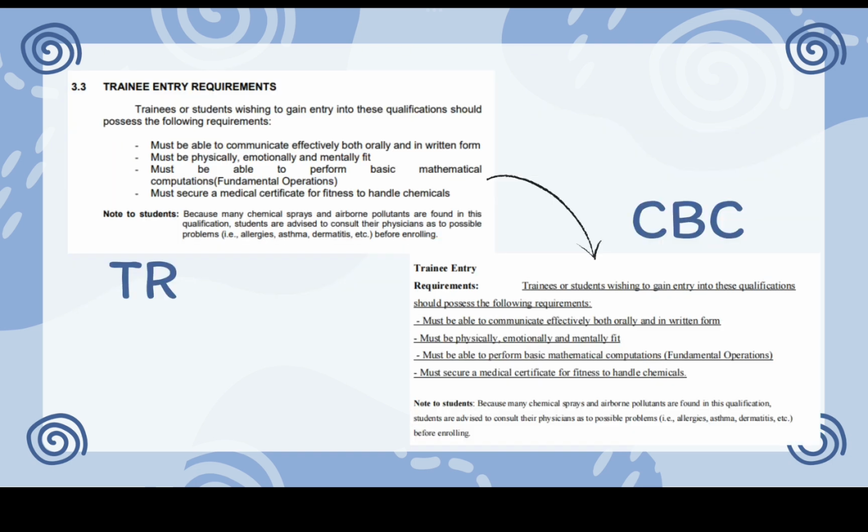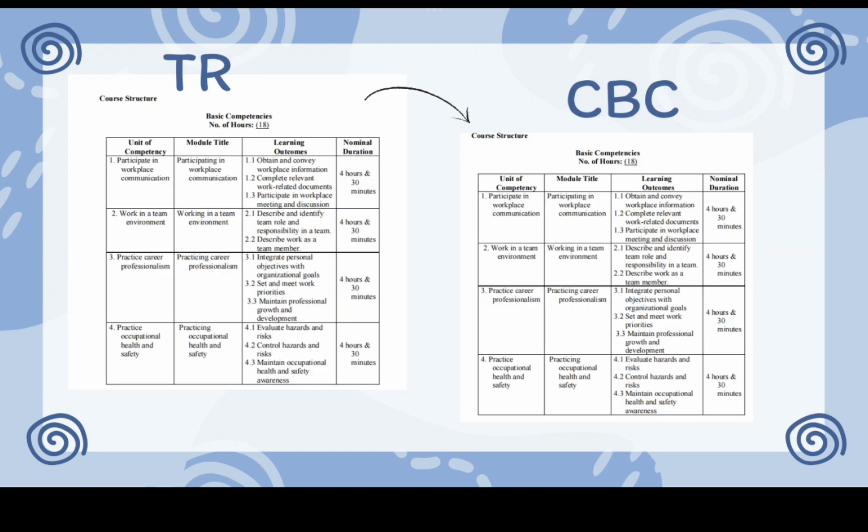Before entering the hairdressing NC2 qualification, trainees must meet several entry requirements. First, they must be able to communicate effectively both orally and in written form, since communication is very important when dealing with clients. Second, trainees must be physically, emotionally, and mentally fit because hairdressing work sometimes requires long hours of standing and interacting with different clients.